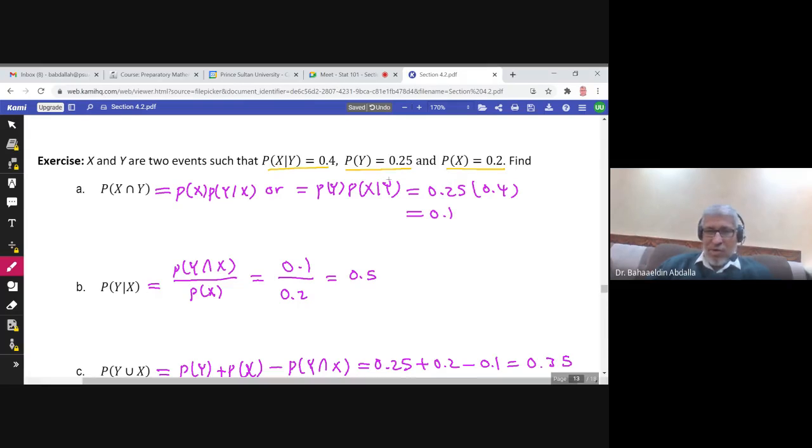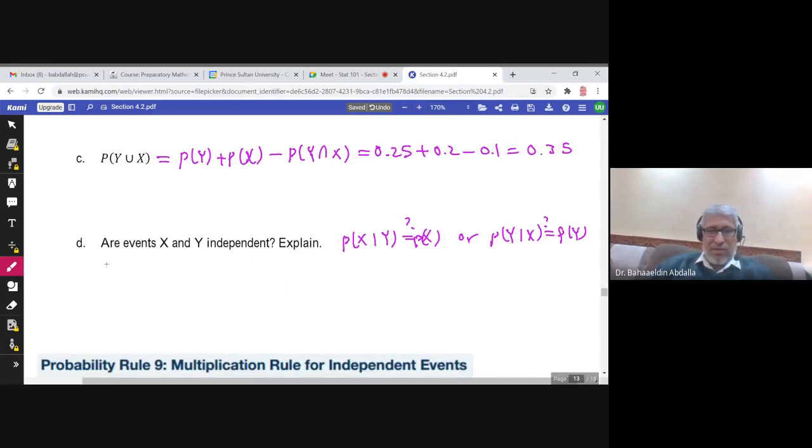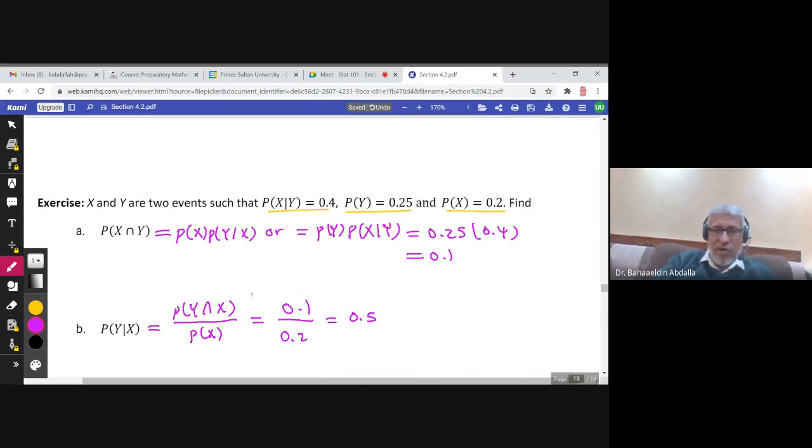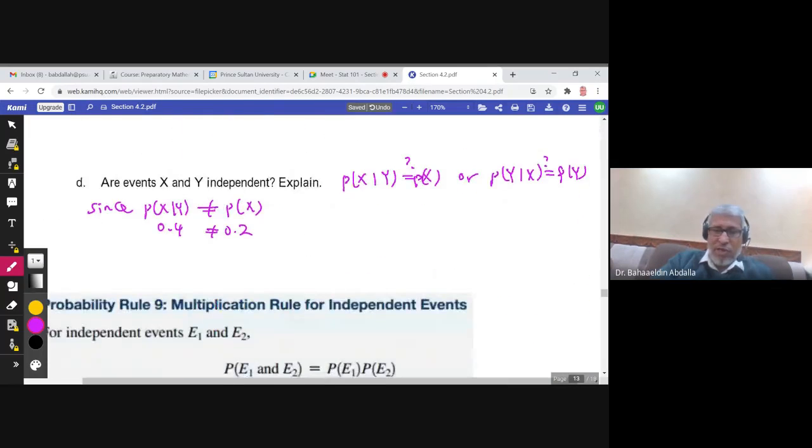They are not equal. So since probability of X given Y is not equal to probability of X, because 0.4 is not equal to 0.2, this is given in the question, X and Y are dependent, or if you want to say, not independent.